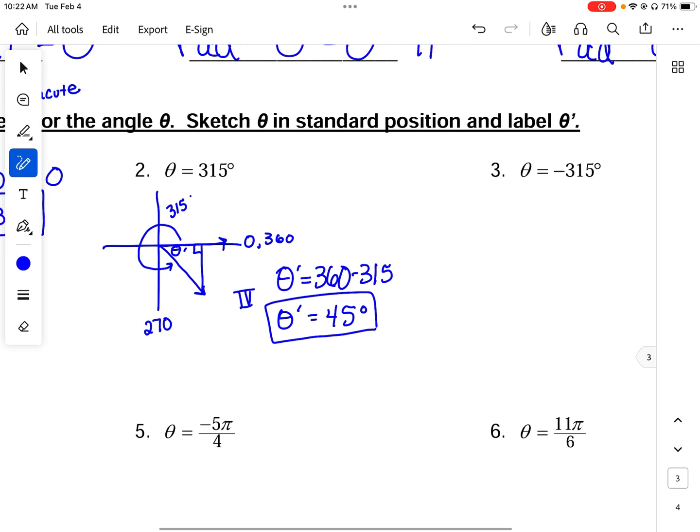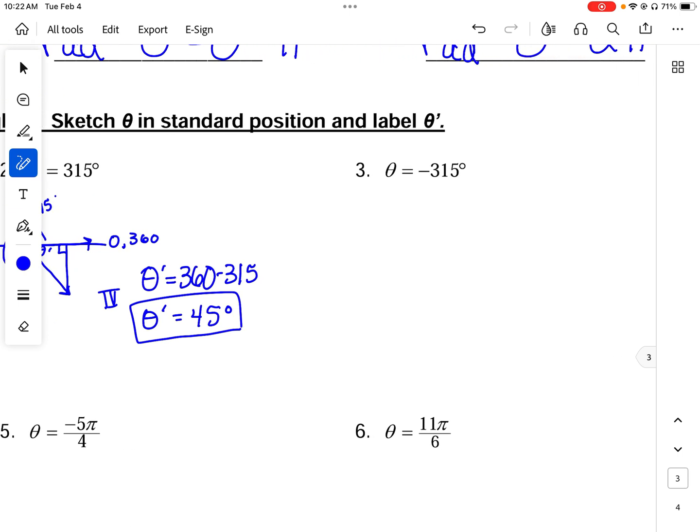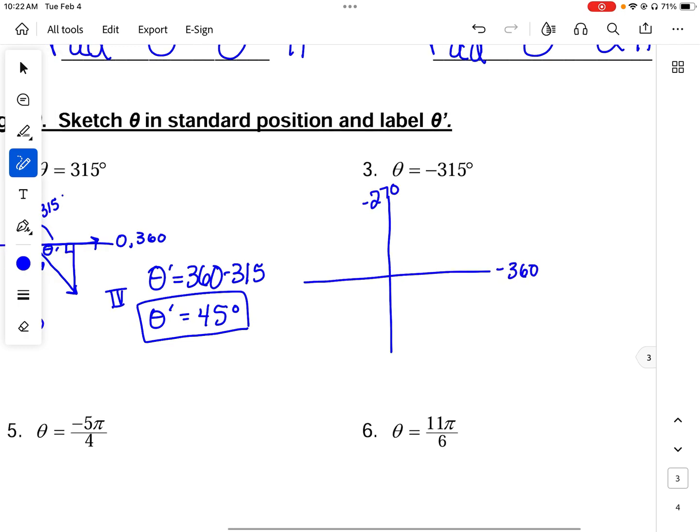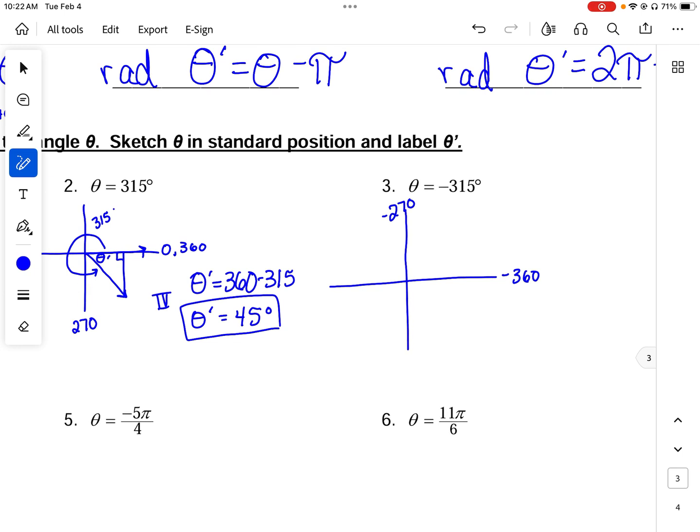Okay, number 3. Now we have negative 315 degrees. So this is negative 360. This is negative 270. So it's just a reflection across the x-axis. So this is our angle, it goes around like that. So it's negative 315. Make your right triangle, theta prime.